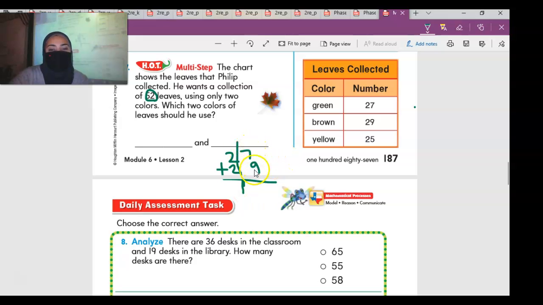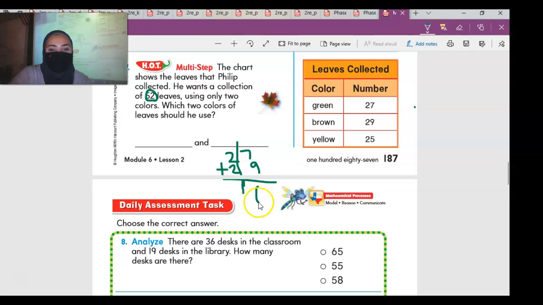All right, so 7 plus 9, you have to add the ones place first. What's 7 plus 9? Close, but no. 16, good. 9, 10, 11, 12, 13, 14, 15, 16.